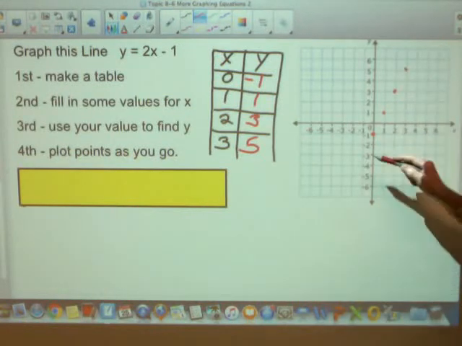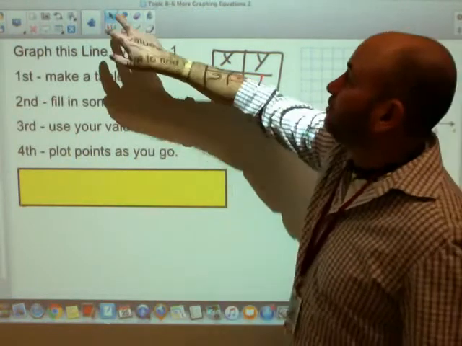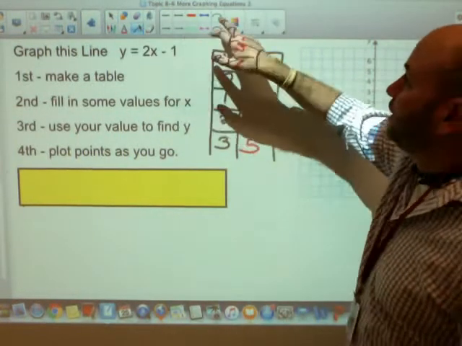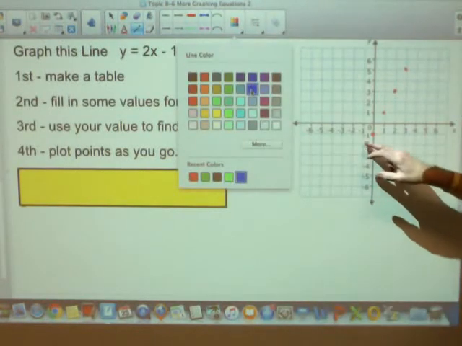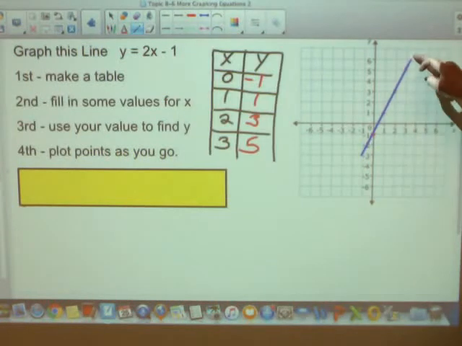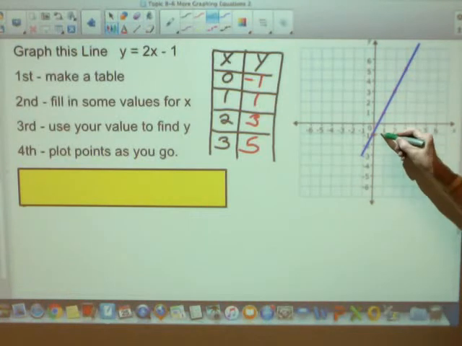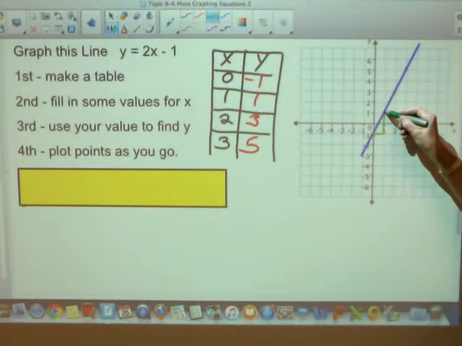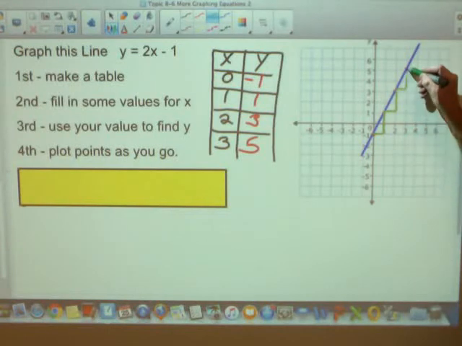So what we have, and if we make our line through there, make a nice straight line. When you look at this, okay, it goes straight up through like that. And that is a very nice example of going over 1, up 2, over 1, up 2, over 1, up 2.